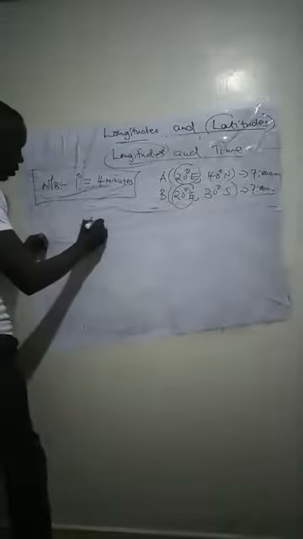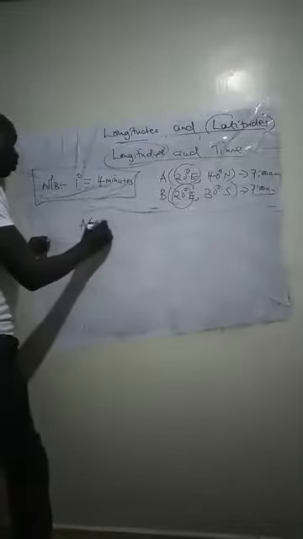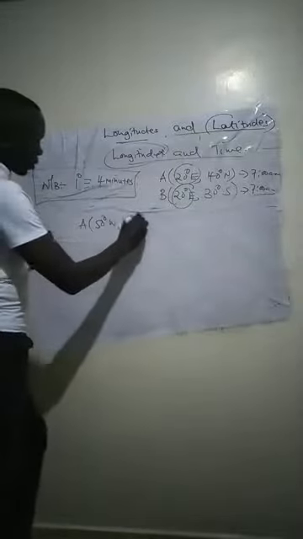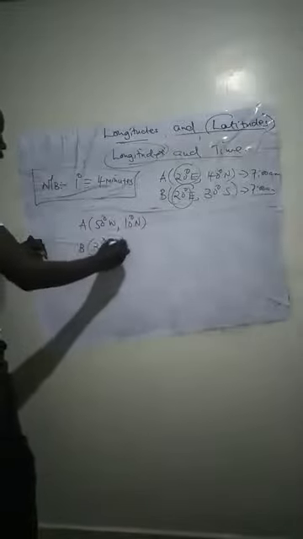Call it A. And I want to give it the coordinates: 50 degrees west and 10 degrees north. And we have another one, B. We have 30 degrees west and 10 degrees north.